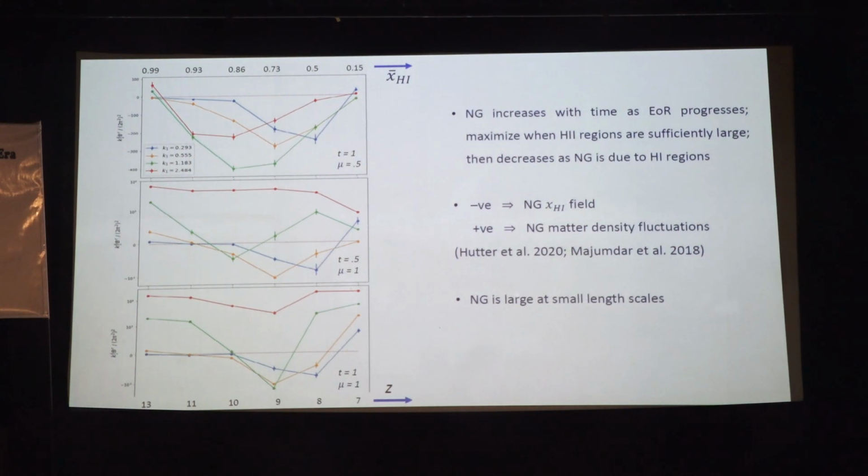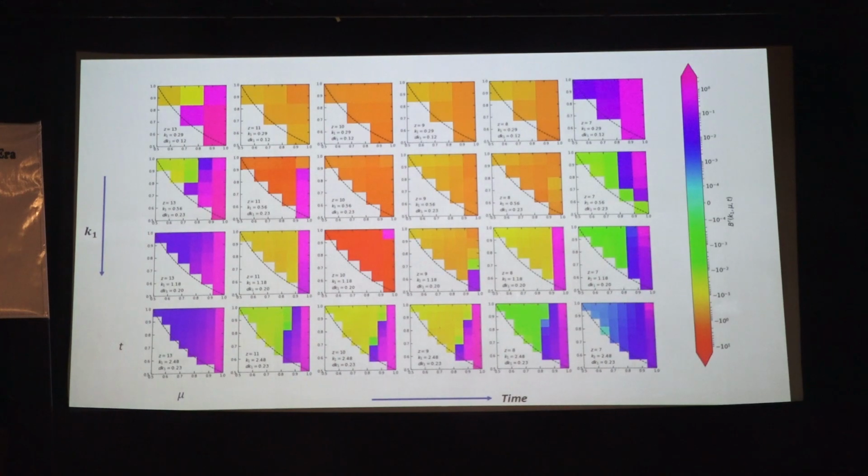Also, the non-Gaussianity is large at small length scales. Here you can see it corresponds to the stretched triangle, at large k values, so non-Gaussianity is high. This is the typical diagram for mu-t space.